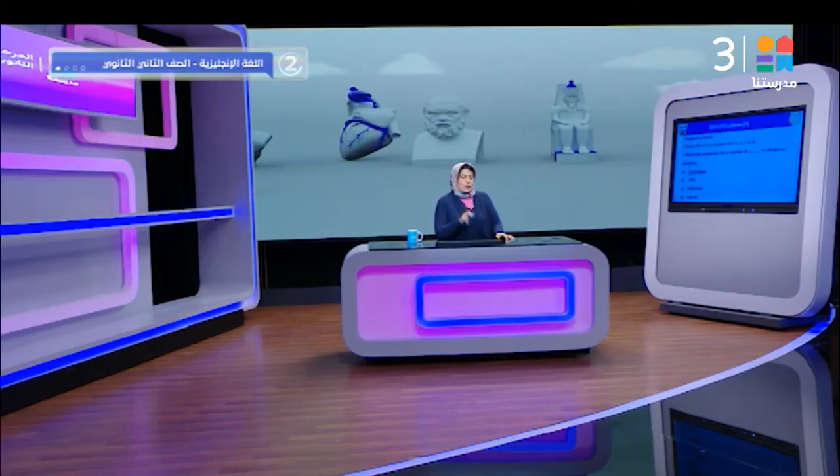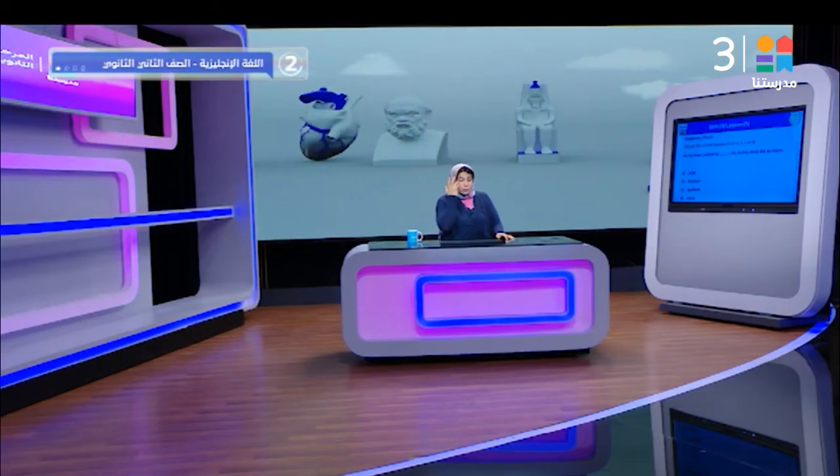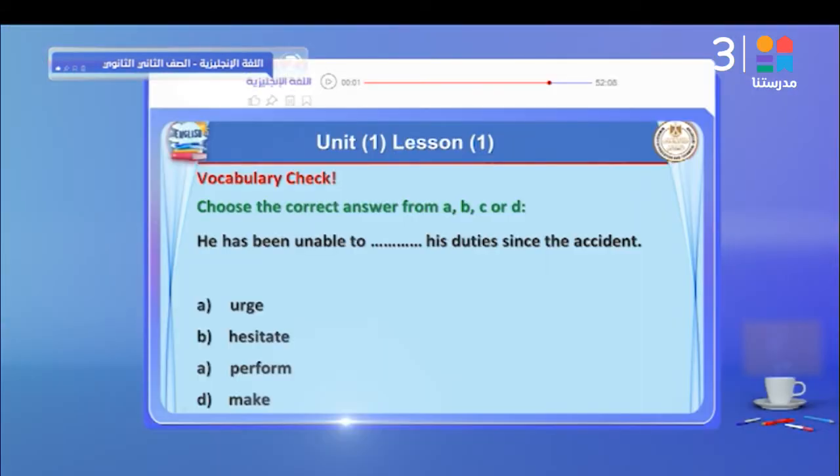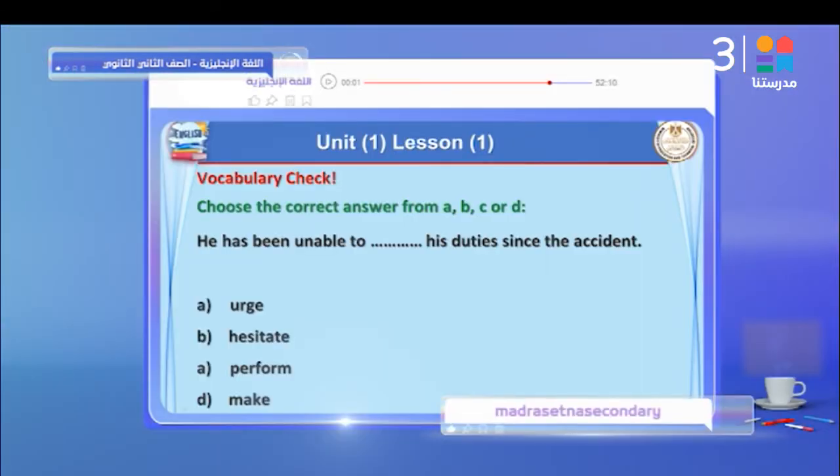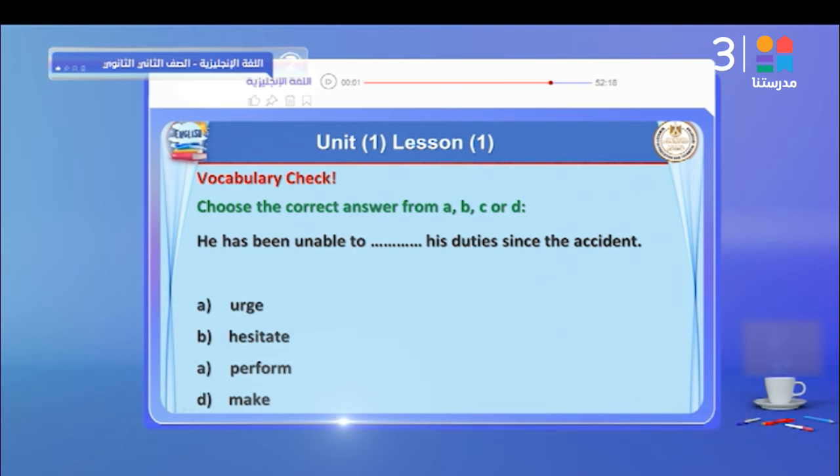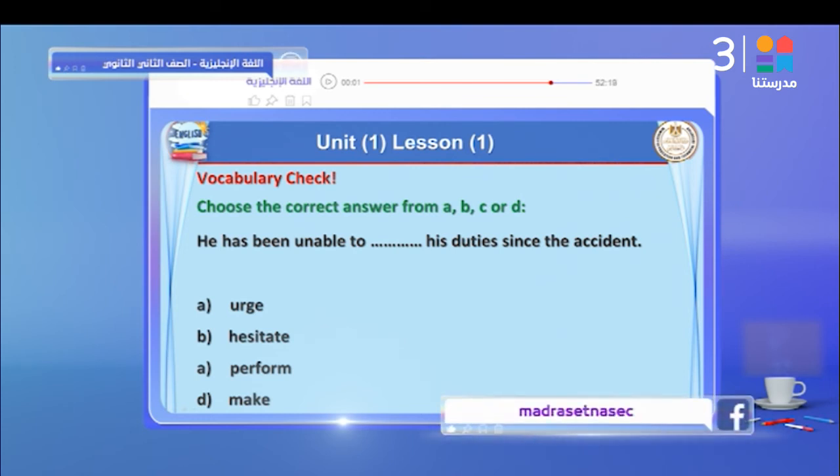Okay, so advertising companies use a number of techniques to attract our attention. Okay, now let's move to the next one. He has been unable to space his duties since the accident. Okay, so he has been unable to what? Urge, hesitate, perform, or make.